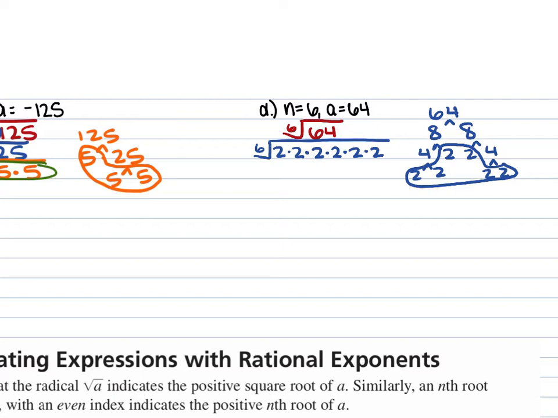Do I have 6 of the same numbers underneath that radical once I rewrote that 64 as its prime factorization? I have 1, 2, 3, 4, 5, 6 2's, so this 6th root gets canceled out, and I rewrite one of those 2's. So the 6th root of 64 is just 2.